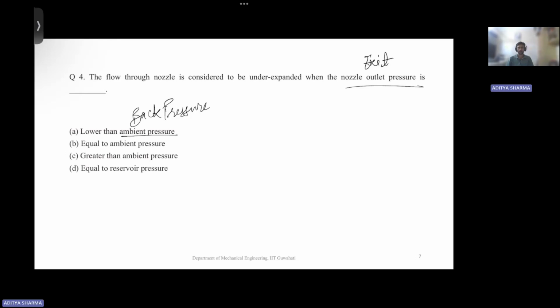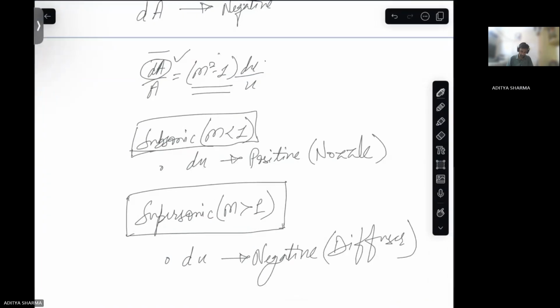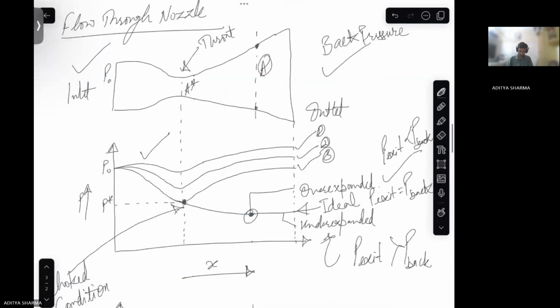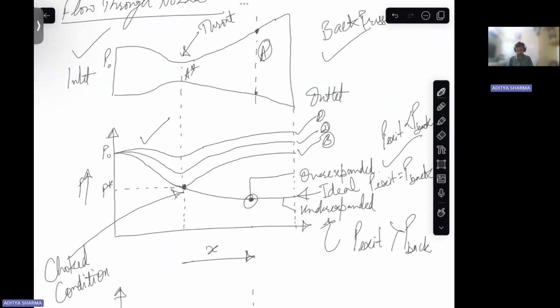So when is your flow underexpanded? The flow is underexpanded when you see this diagram, when your exit pressure is greater than your back pressure. So P outlet has to be greater than P ambient. In that case, there is again possibility of flow getting expanded.